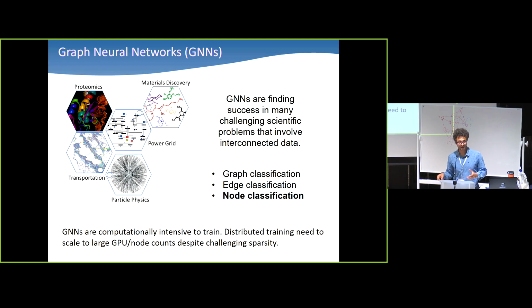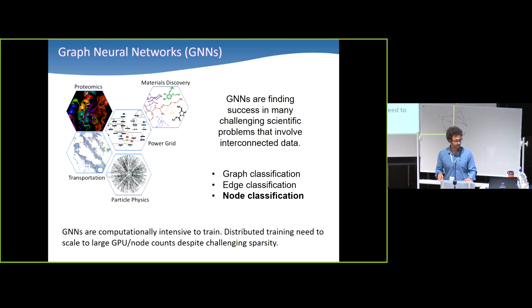Transportation problems are solved, protein problems, materials discovery. That's the harder problem, the inverse thing of, you give me a property, I give you a molecule that will have that property. That's the inverse design. And lots of work, really hard problem. But somewhere in there, graph neural networks are used as subroutines in these.